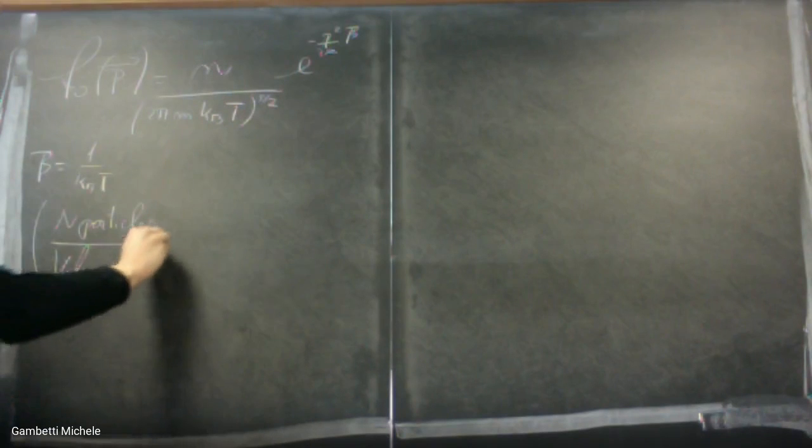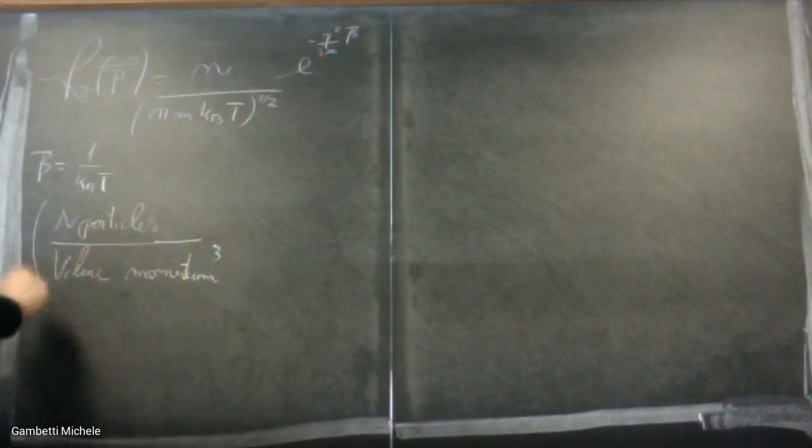This is the particle density, and then I have this, which is dimensionless, and then I have this quantity, which is energy times mass, which means momentum squared, then square root of momentum squared, power of 3. So then this is momentum to the power of 3, as it should be.